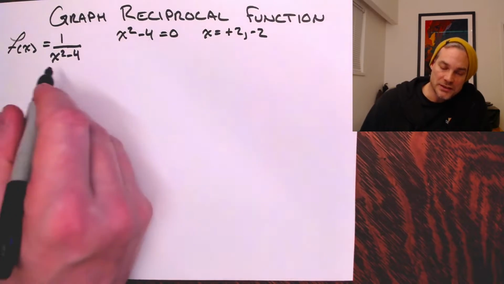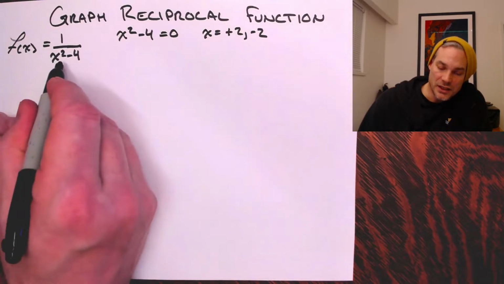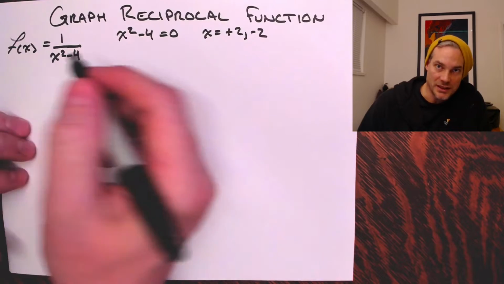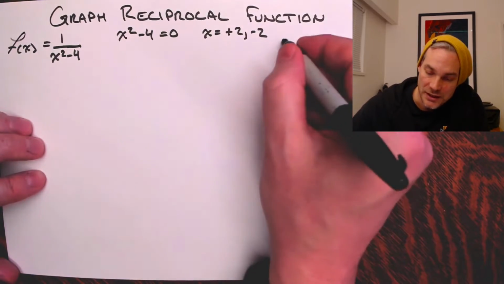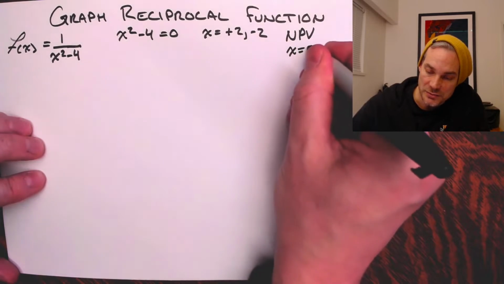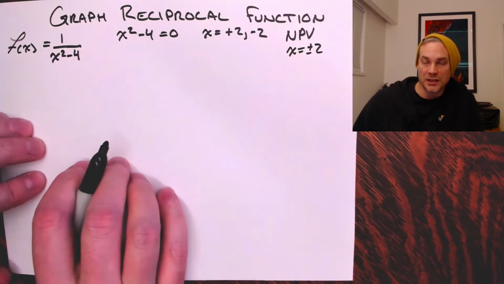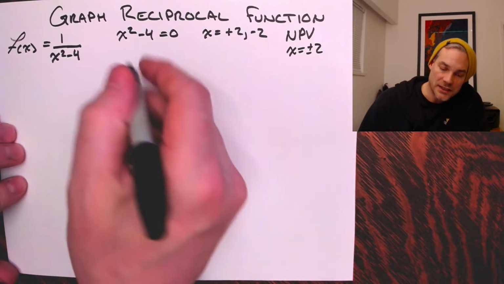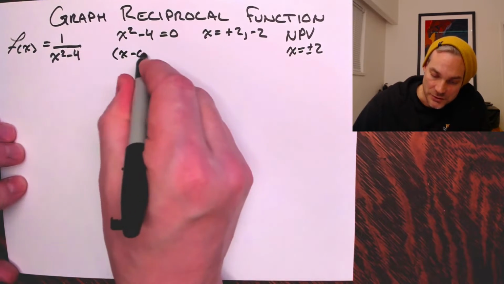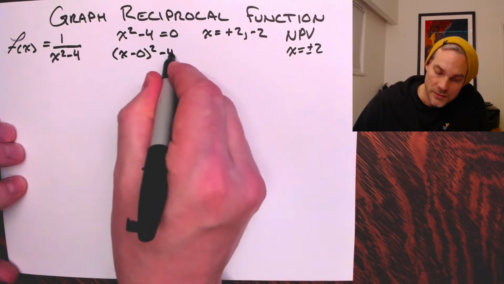If that's when the denominator equals 0, that means this is 1 divided by 0, which I can't have. So I say that my non-permissible values are when x equals plus or minus 2. So I found the first part. Now, this is also the same as vertex form, right?